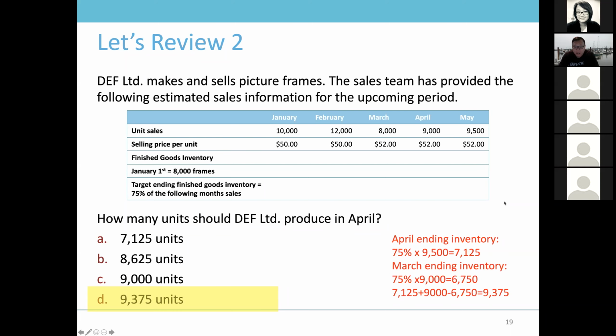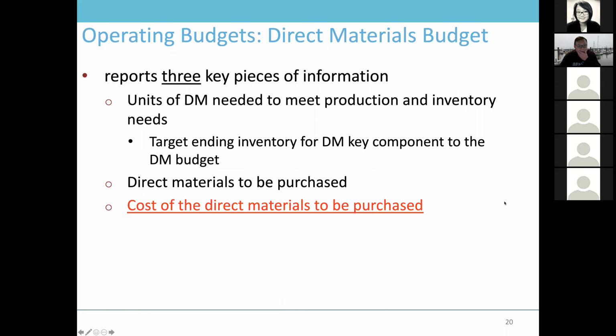Okay, let's see this question. So we are okay with the production budget. Now let's work on the direct material budget. You are going to report 3 key pieces of information.